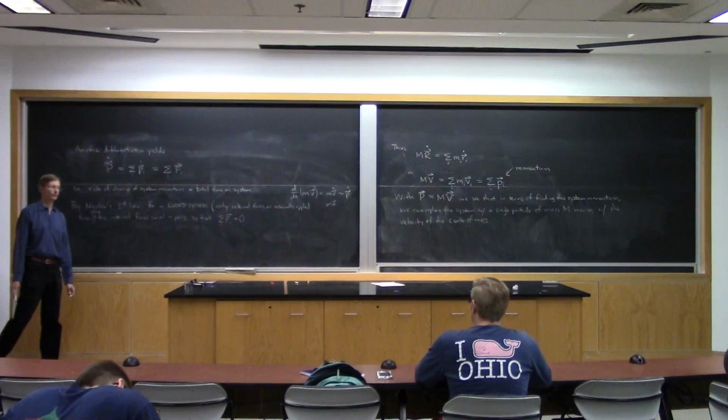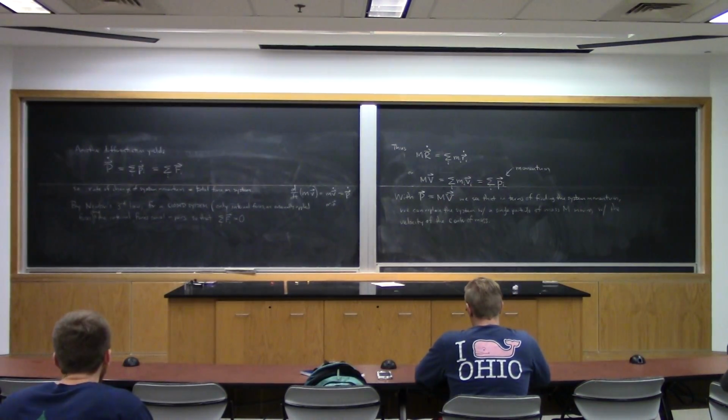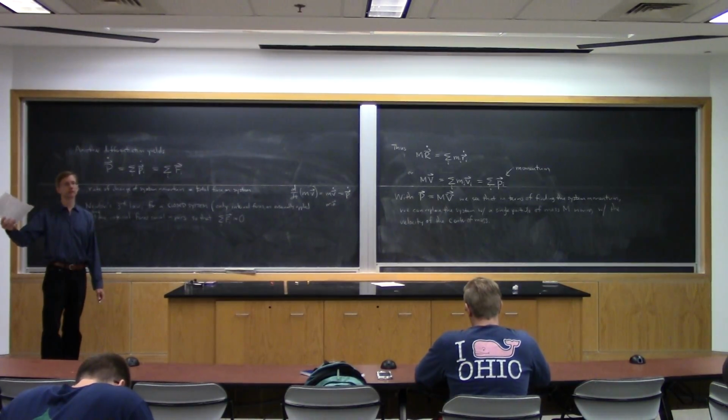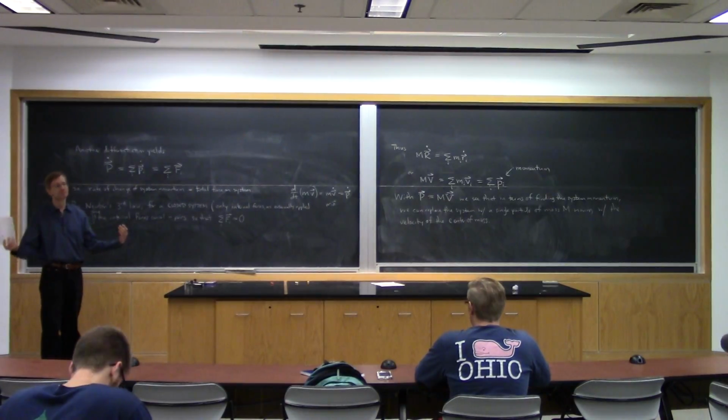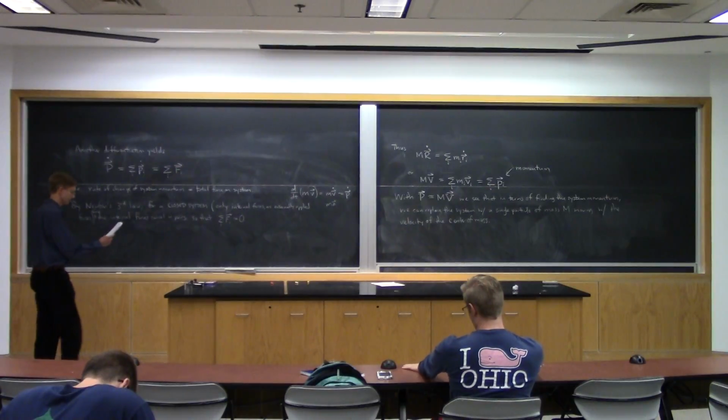It wouldn't be 0 if there were externally applied forces, because then those are not canceled out for our system. Of course, if we drew a bigger box and included whatever is exerting the external forces as part of the system, then we still get back to another closed system again, but whatever.